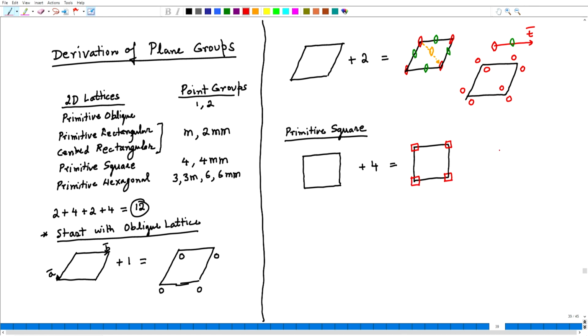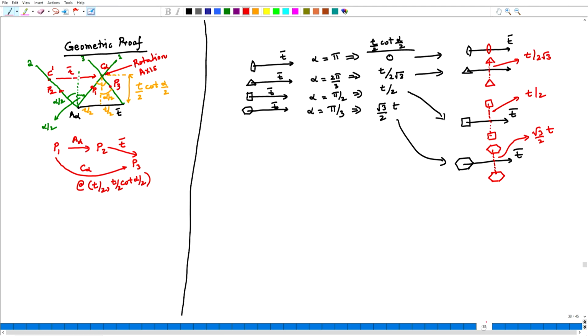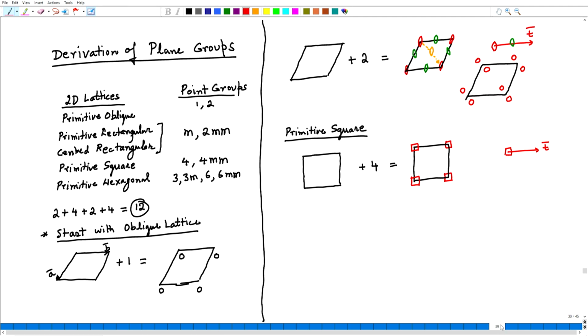Now, there are other places also where the 4-fold will come up. A 4-fold and a translation, we saw this in the last lecture, it has to be on the perpendicular bisector of the translation at a distance of t by 2. So, therefore, we will get a 4-fold here, you can get a 4-fold here as well, and this is t by 2.